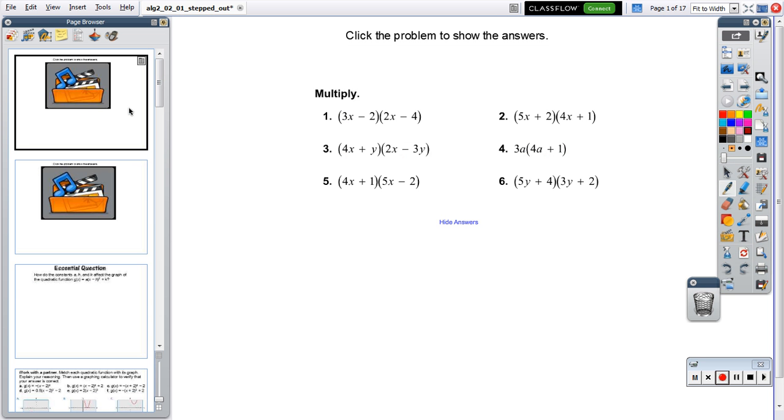So these last couple warm-up problems here. Number 4, we're just distributing the 3a. You should have gotten 12a squared plus 3a. Number 5, you should have gotten 20x squared minus 3x minus 2.